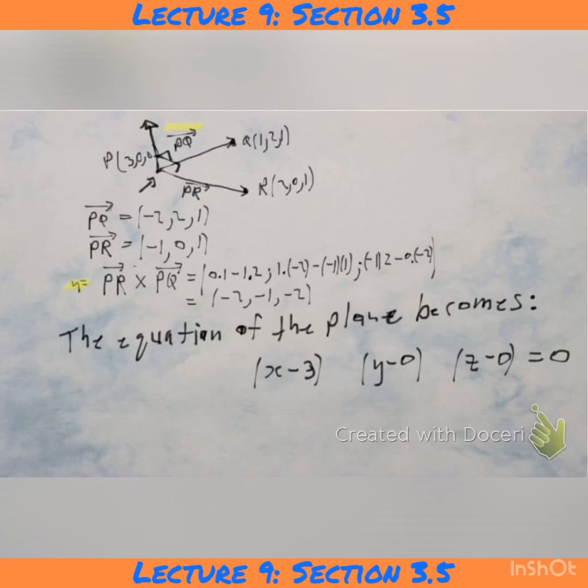And the normal vector for the plane here is going to be the vector that I worked out, which is this one here, minus 2, minus 1, and minus 2. Then simplifying after that will give you the equation of the plane that contains the three mentioned points.